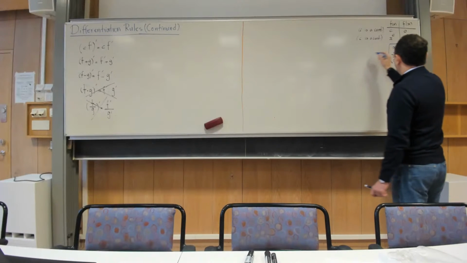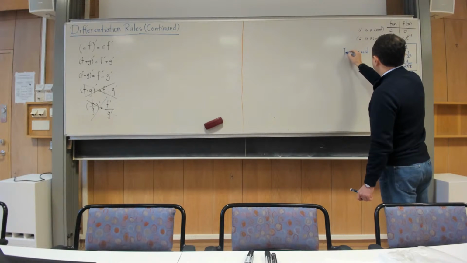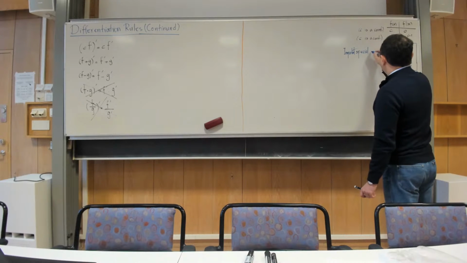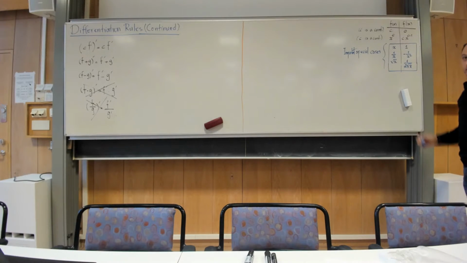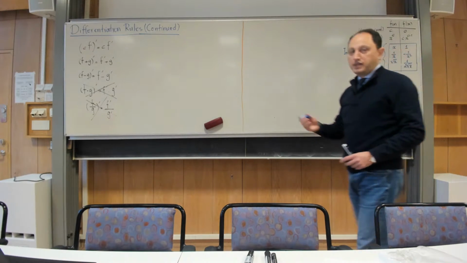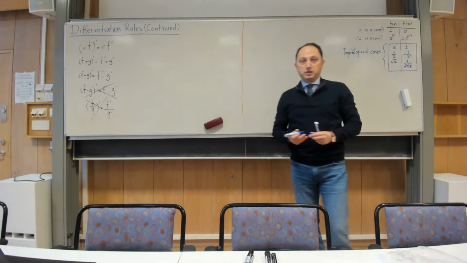So I would write: important special cases. I would prefer to remember them separately because they will happen over and over again in your calculations. And if every time you want to use the formula to calculate them, it would be tedious.